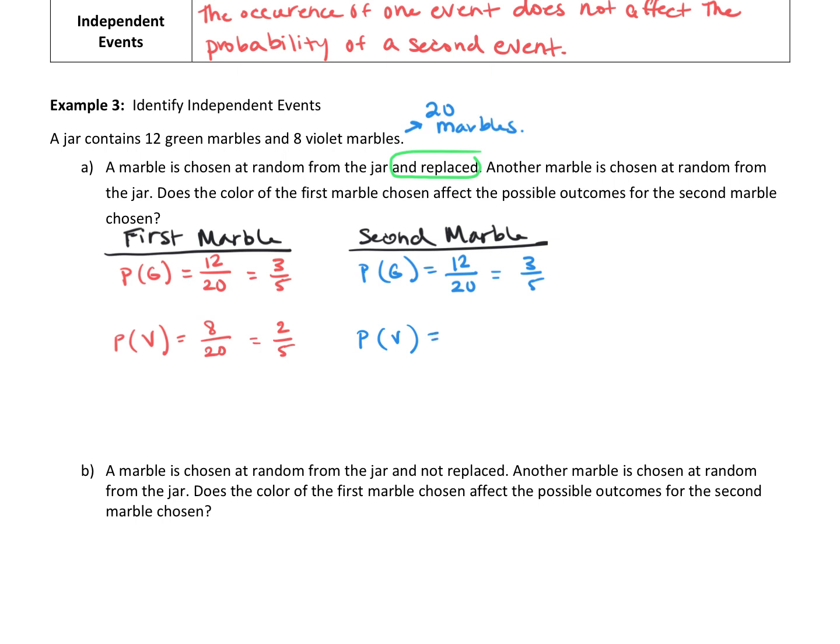So we still have 8 violet marbles out of 20 total, which is 2/5. So what we're just checking on here, the color of the first marble that was chosen did not change the probability or the possible outcomes for the second marble chosen. See how we still have a 3/5 probability for the green or a 2/5 probability for the violet marble.